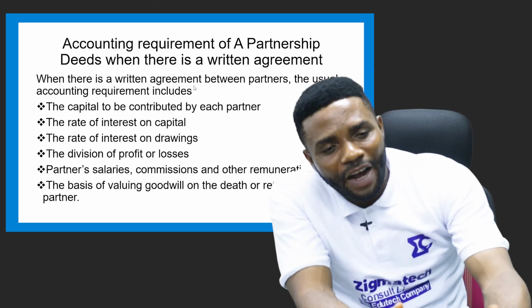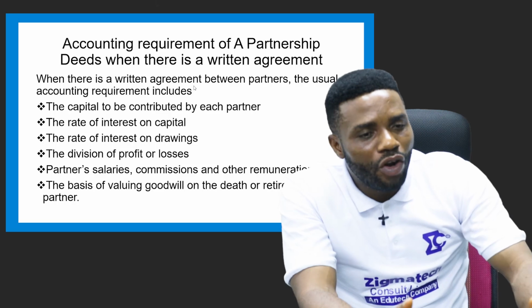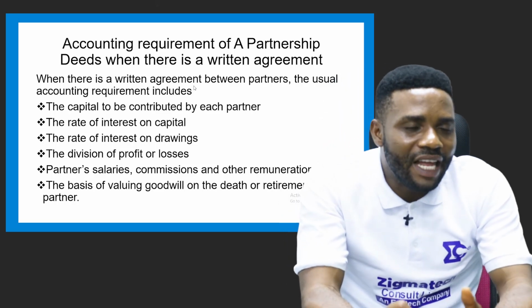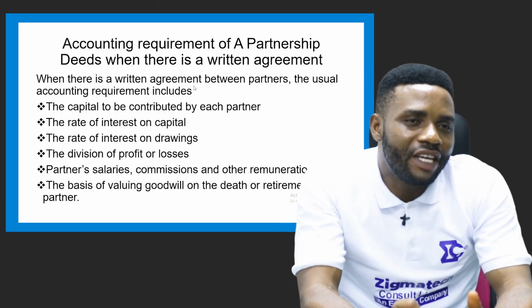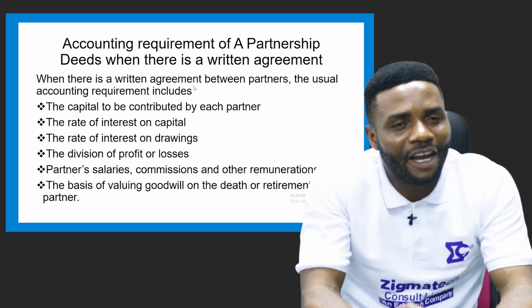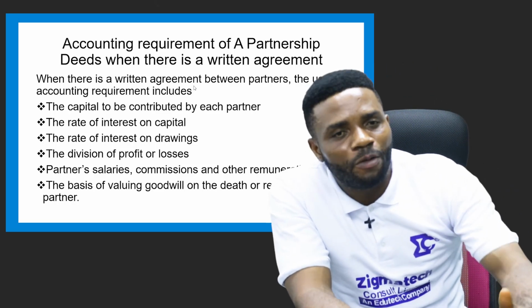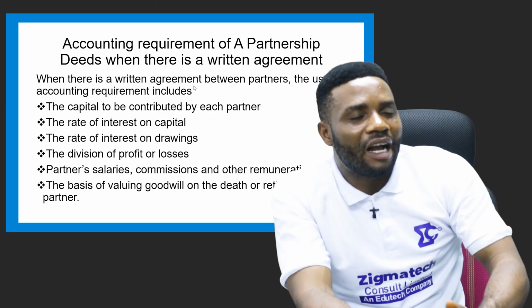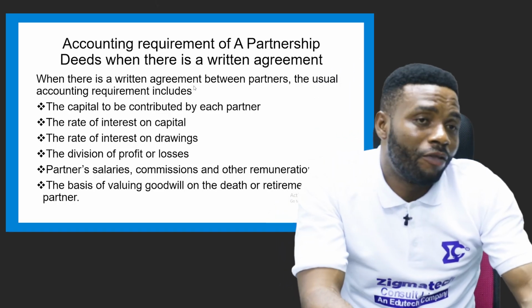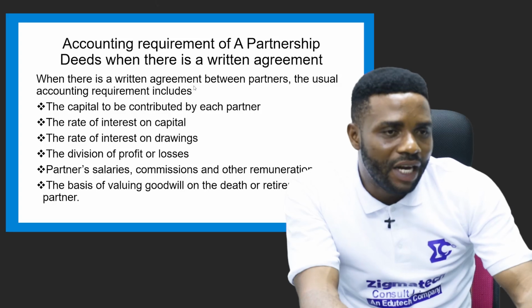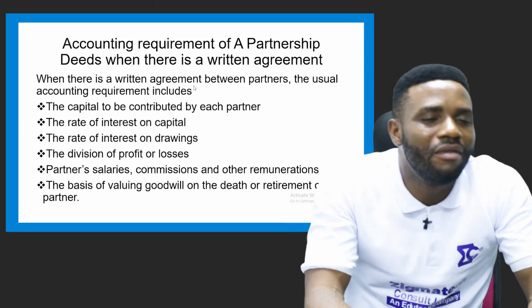If we have agreed that the interest accruable to partners is 5%, you calculate 5% of 5 million, and this person calculates 5% of 2 million. You can see that it cannot be of the same level.